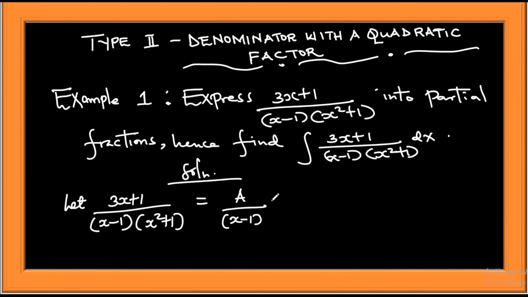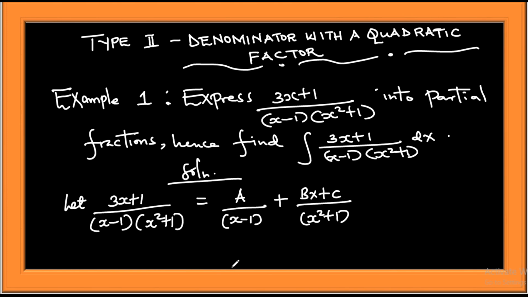Now for the quadratic factor, we shall take a form which is going to be Bx plus C divided by the quadratic factor, which is x squared plus 1. I've used B and C because I'd already used A. And remember that form up there is in the form of an equation of a straight line. So you don't need to forget that. It must be in the form of mx plus c or ax plus b.